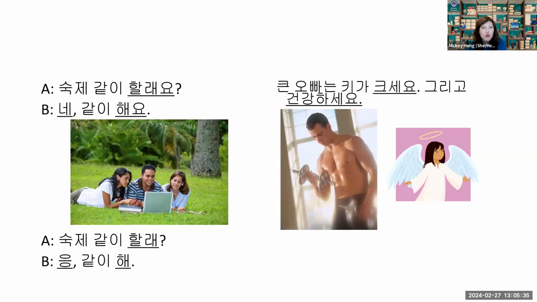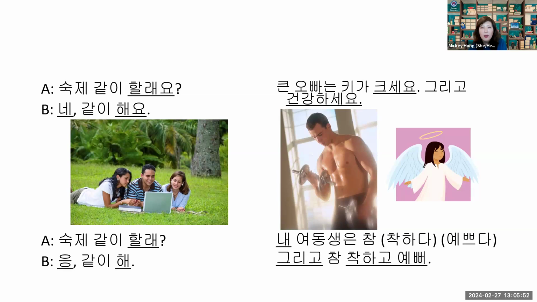Obviously, all of the yo's drop, but instead of 네, you can get away with 응. 네 is a pretty formal yes. You don't use 네 with your friends unless it's for some humorous effect. When you're referring to your kid, 내 instead of 제.